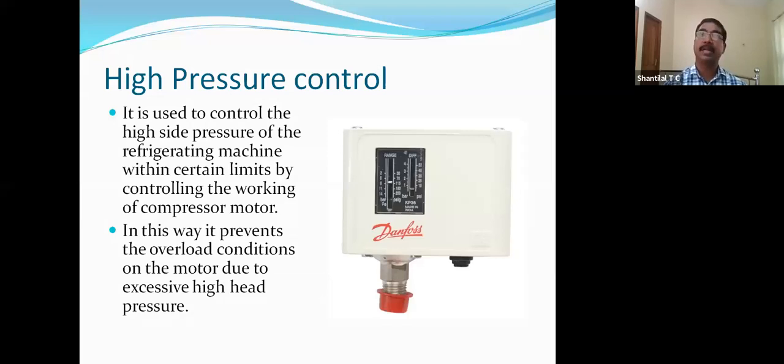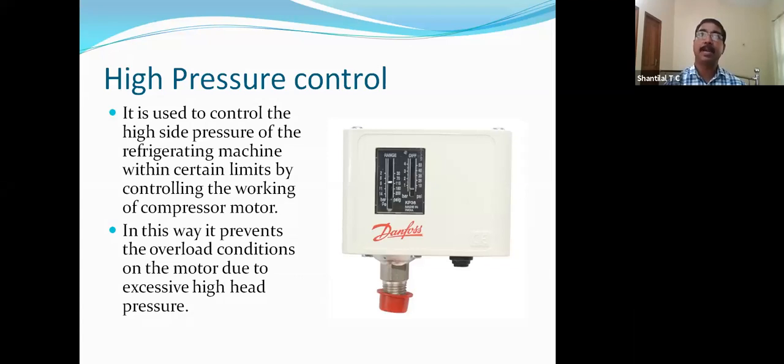How is the pressure increasing? Suppose you have charged too much refrigerant, or condensation is reduced, or the line is blocked. By these reasons the pressure will increase. So if there is no proper condensation, or you are overcharged, or the line is blocked, by these reasons the pressure is increasing.